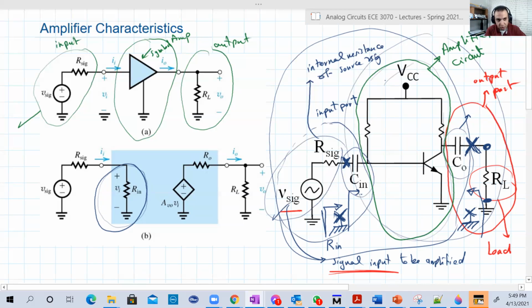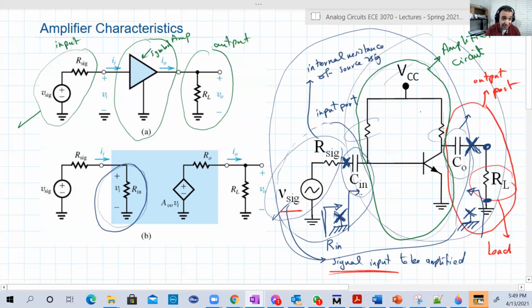And I'll convince you in the next recording that we should, yes, ignore VCC. So we have now V signal, and we have some other resistors, R signal and those guys, for the biasing.